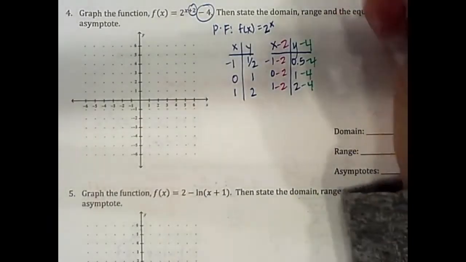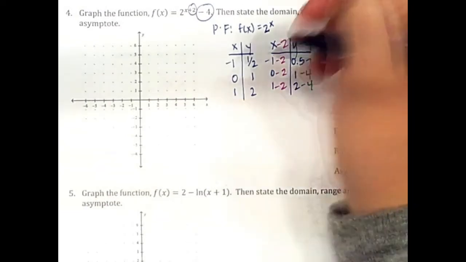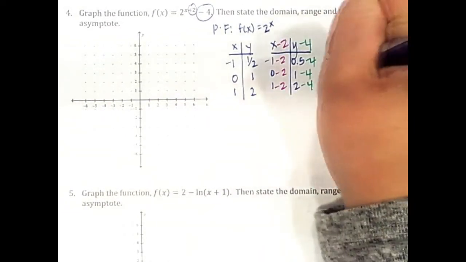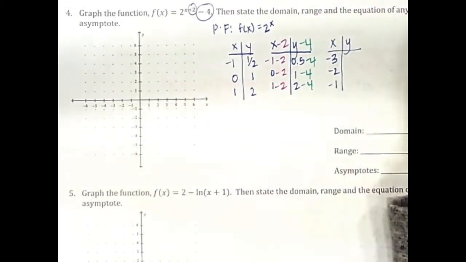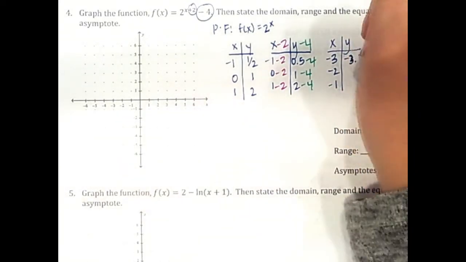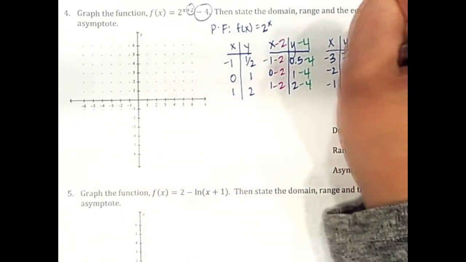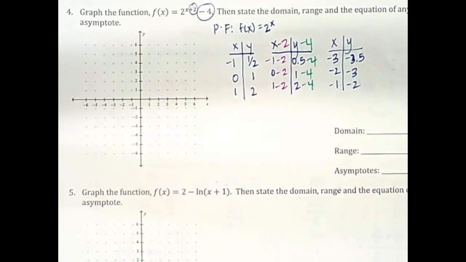Our final table: -1 minus 2 is -3, then -2, -1. 0.5 minus 4 is -3.5. Sorry, my 3 got a little weird there. 1 minus 4 is -3. 2 minus 4 is -2.